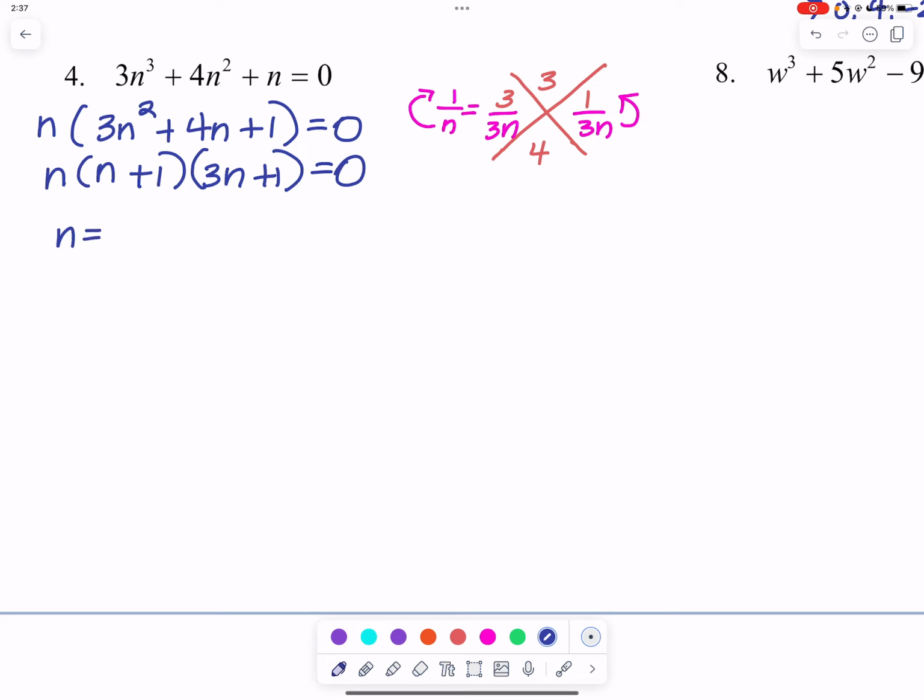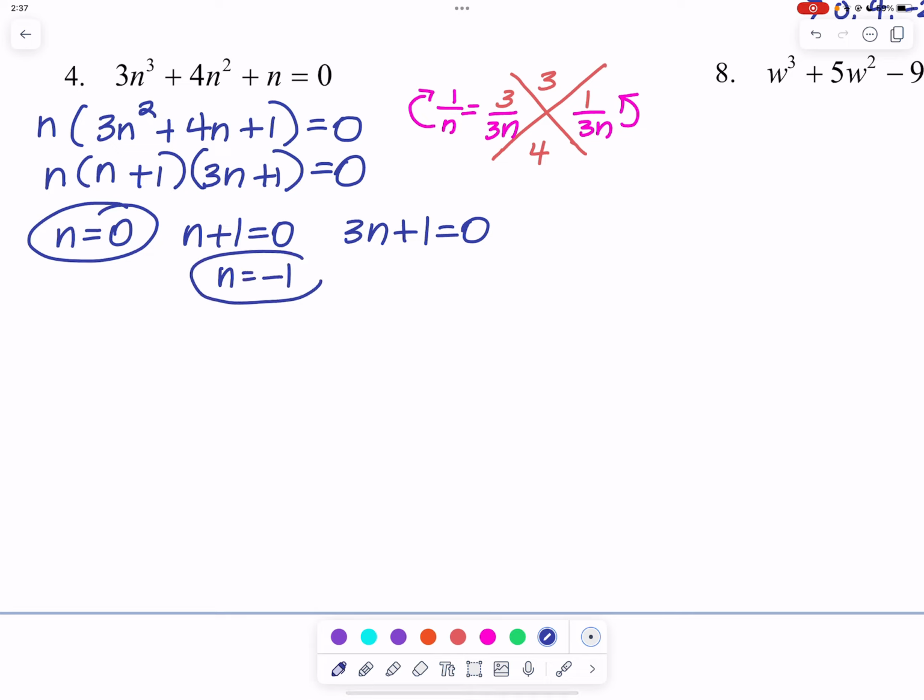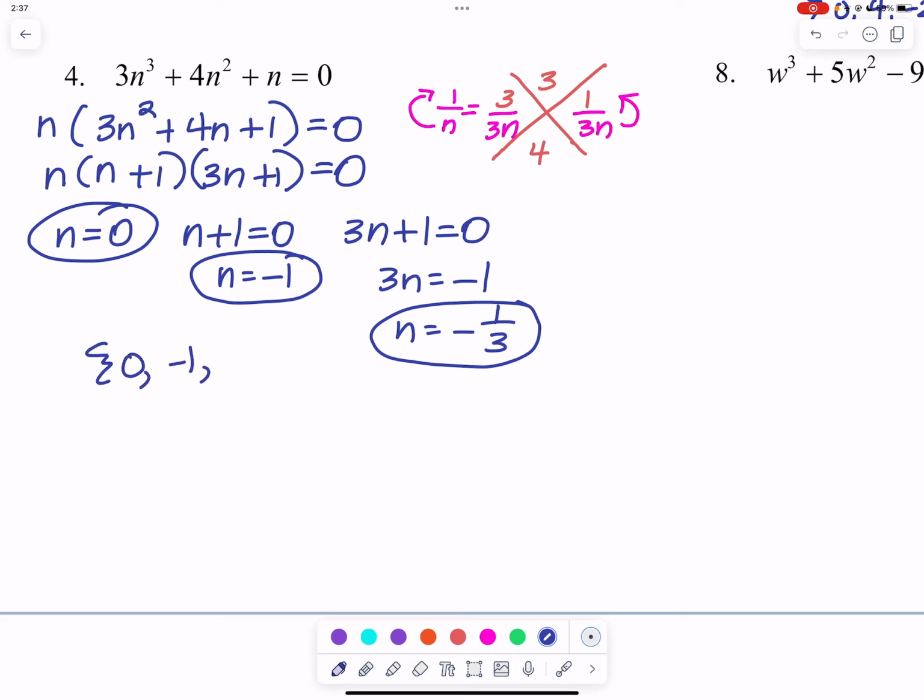So either n equals 0, n plus 1 equals 0, or 3n plus 1 equals 0. Subtracting 1 from both sides, subtracting 1 and dividing by 3. So our solution set is 0, -1, and -1/3.